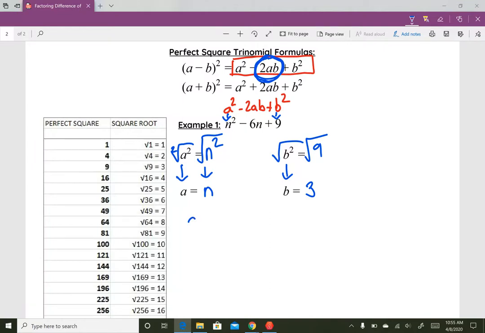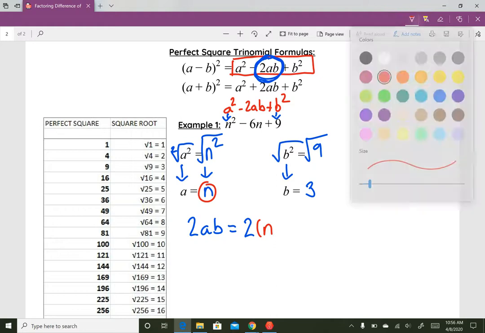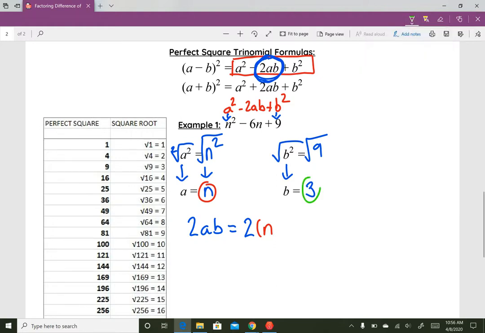So what is 2ab equal to? The 2 doesn't change at all. 2ab is just 2 times my a, which is n, times my b, which is 3. So it's 2 times n times 3, which is just going to become 6n.